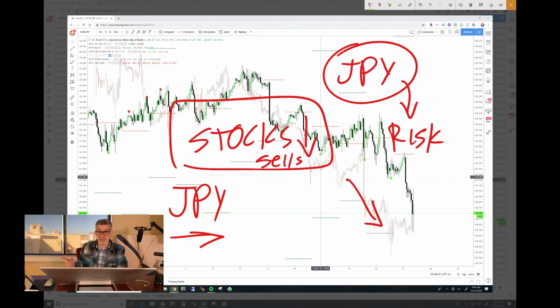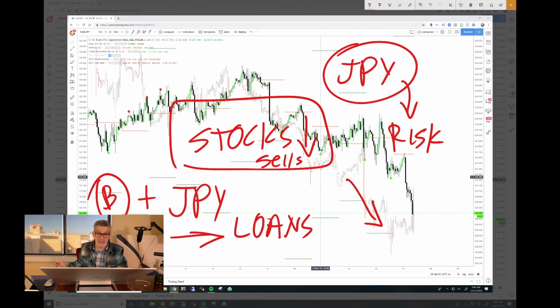And then what they start to do after is they start to buy Japanese yen with the proceeds so they can pay back those loans. Well, what does buying Japanese yen do? Buying Japanese yen makes the Japanese yen go up. And that's exactly what we see happening when the stock markets crash. We see the Japanese yen go up.